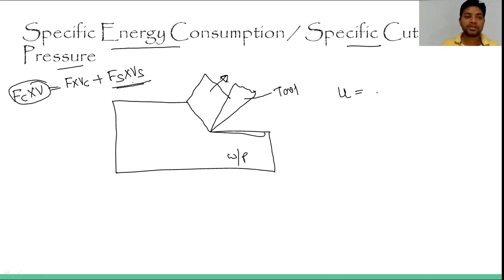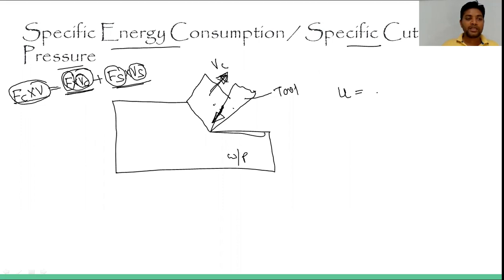So for the shearing action, we are using the shear force into the shear velocity. When it goes to the frictional energy, F is the friction force and Vc is the chip velocity, because this friction occurs between the chip and the tool, over this surface or interface of the chip and the tool. Whatever the velocity Vc is moving in this direction generates the friction force in this direction, so that is the energy.